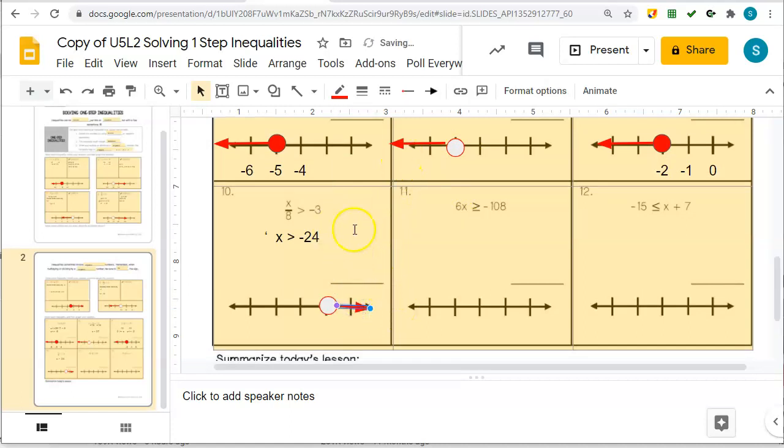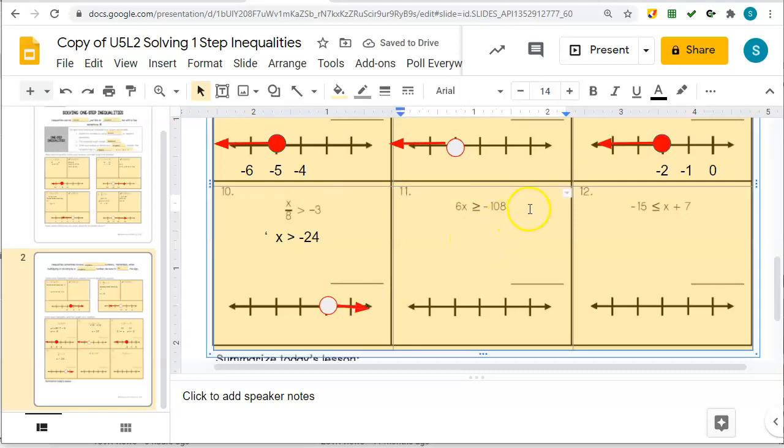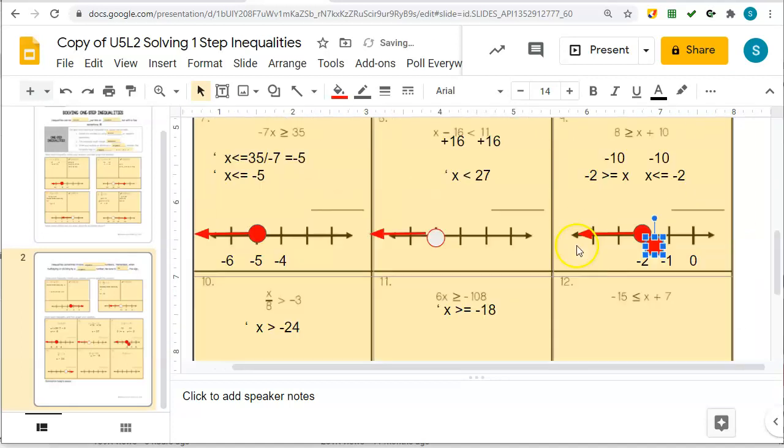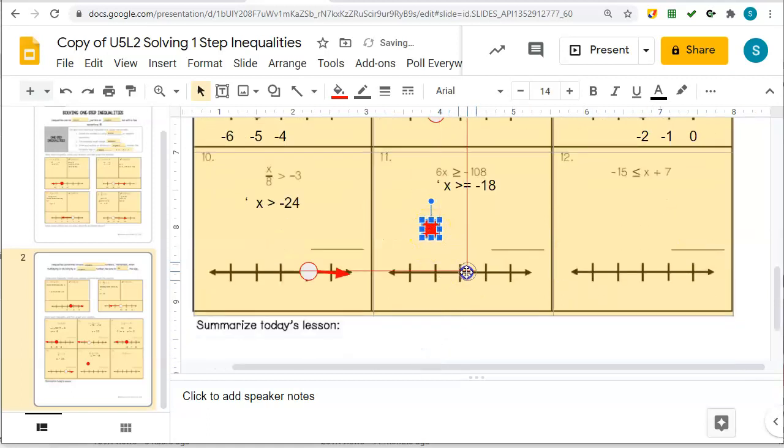And there we are. This one, again, we're dividing by a positive number, so nothing changes, so it's x is greater than or equal to negative 18. Let's call this one 18.